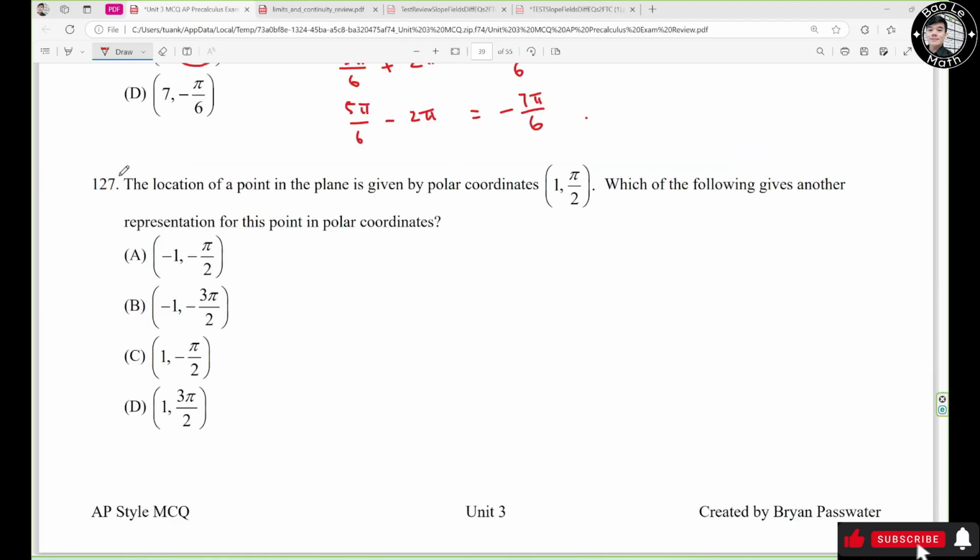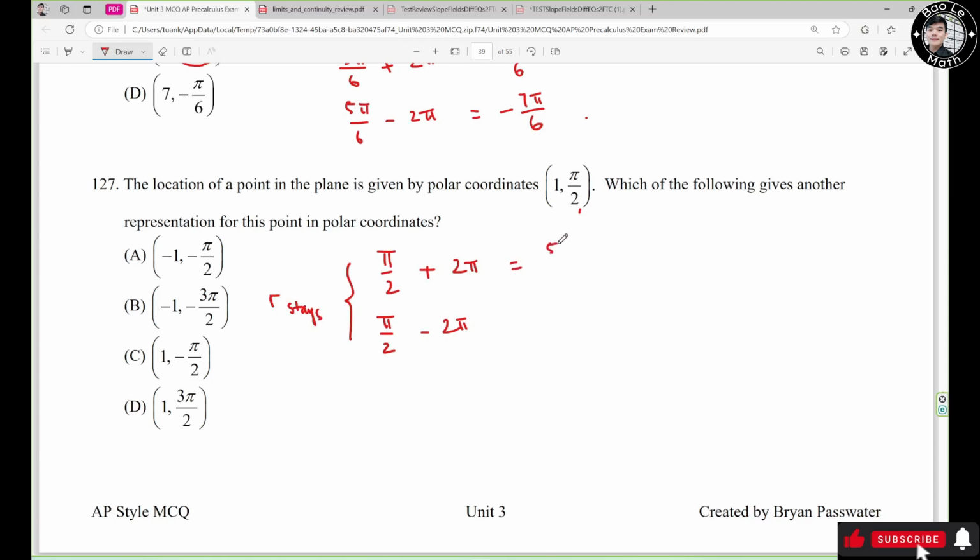Now, question 127. I have the angle pi over 2 right here, so I write pi over 2 here. I'm going to add 2 pi, and I'm going to subtract 2 pi. For these two cases, the radius stays. Now, I'm going to simplify this one.